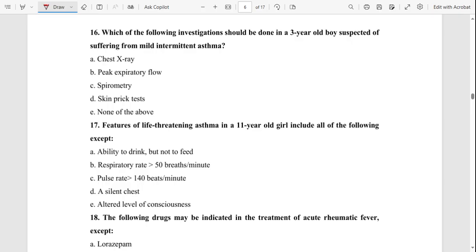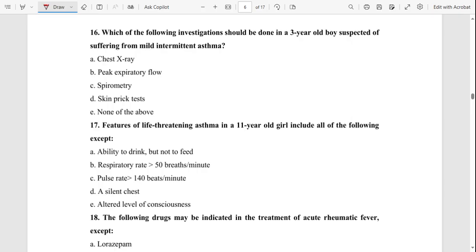For example, you ask them to take in a deep breath and then blow the air into the spirometer or the peak expiratory flow meter. Now, a 3-year-old might not be able to follow those instructions. So for these ones, you wait until 5 to 6 years. That's when you can use spirometry and peak expiratory flow, because at that point, at least they can listen to what you tell them.